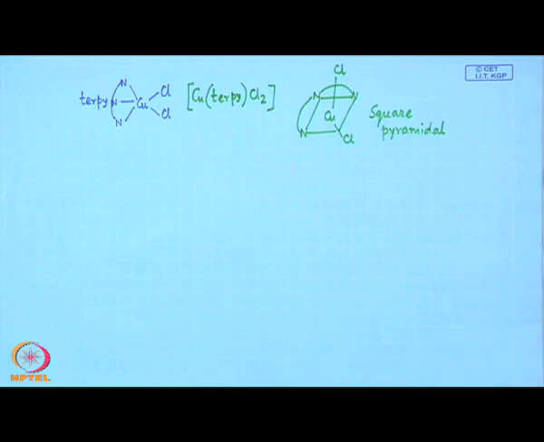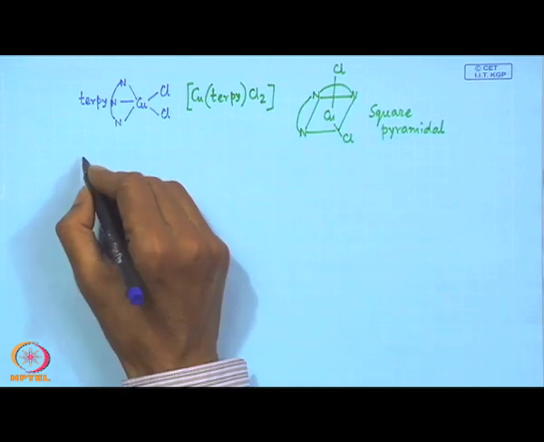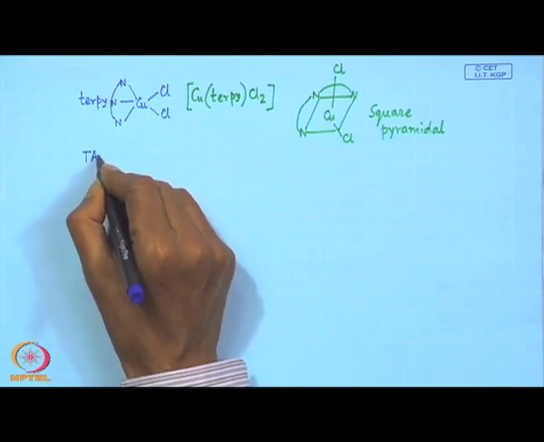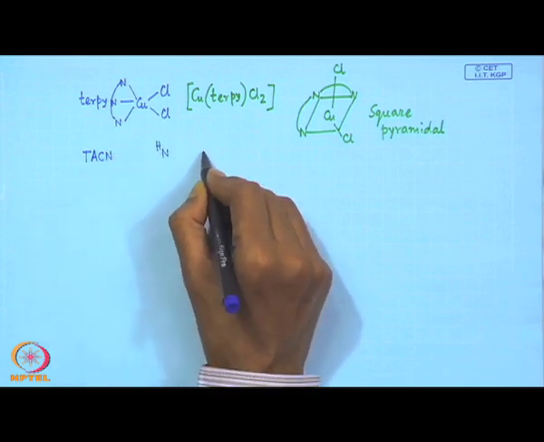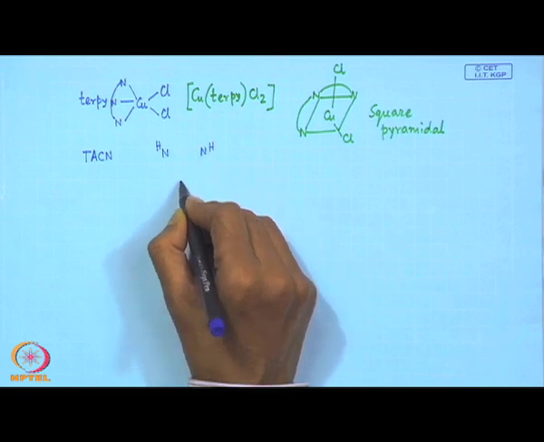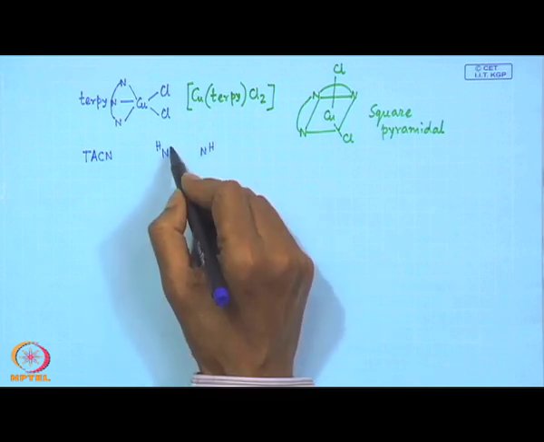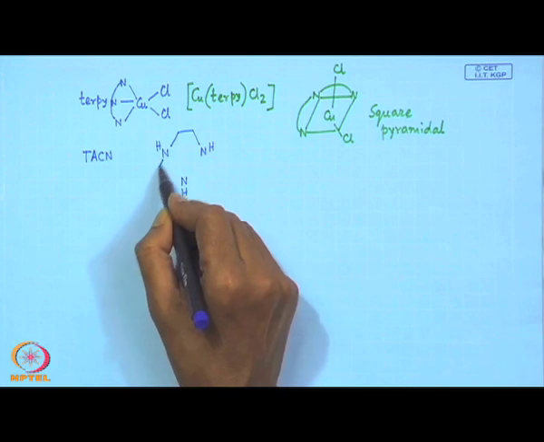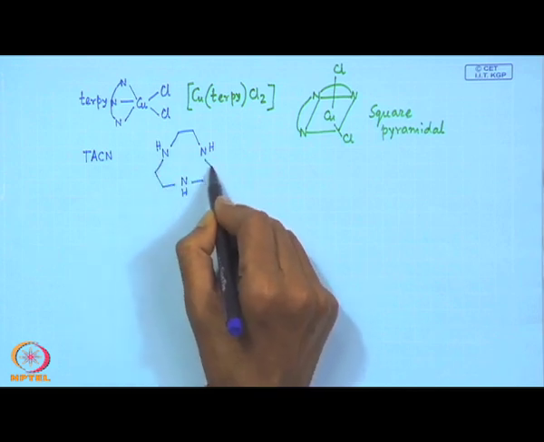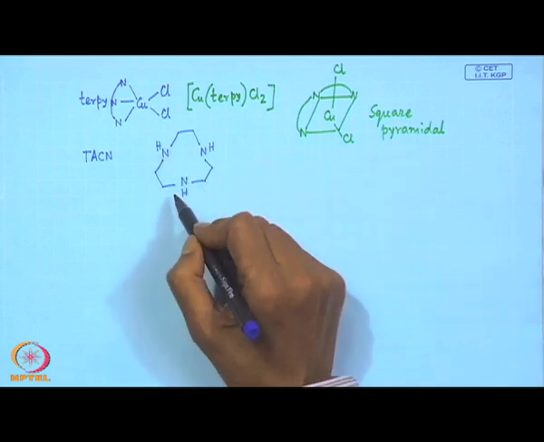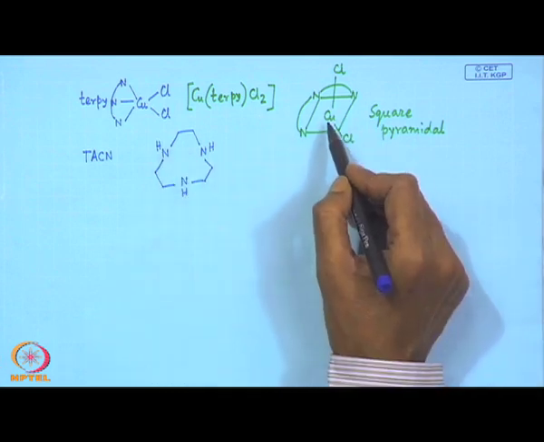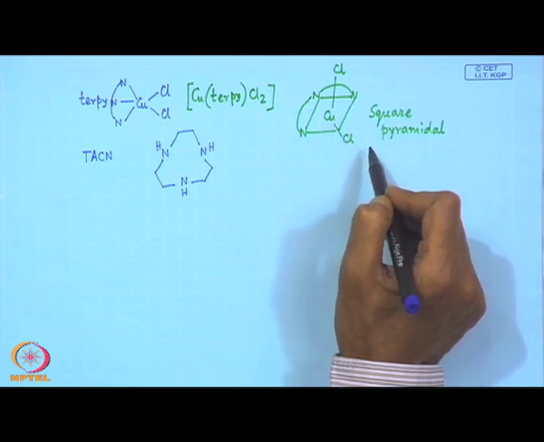So, why are we classifying all these ligands in different categories? Because if we go for the TACN ligand, we have 3 NH groups which are more or less in one particular plane and which are connected by an ethylene backbone. So, this particular type of ligand cannot go for binding for this square pyramidal geometry.